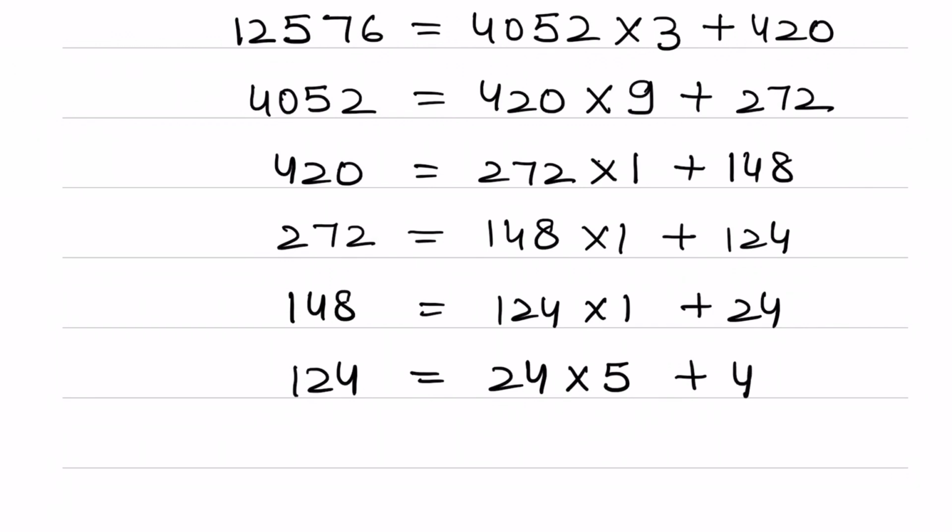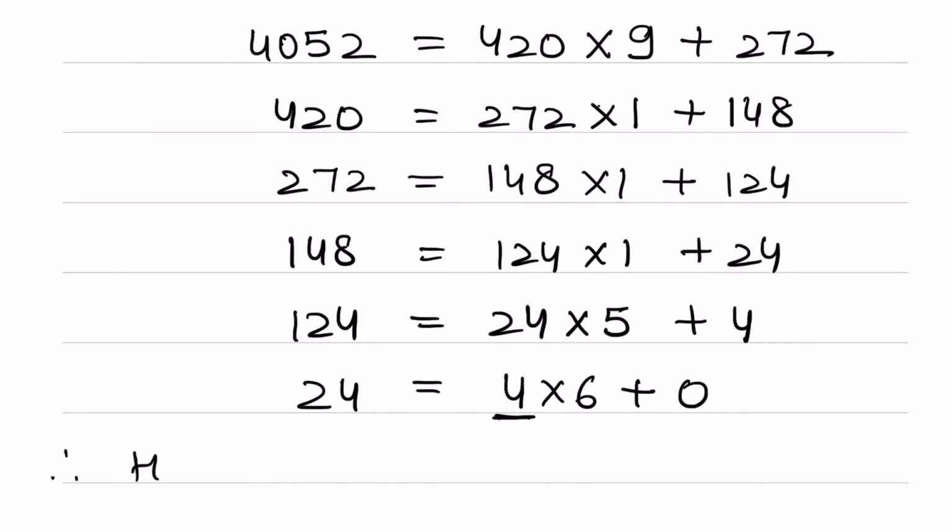Still we can continue applying the division lemma. Now 24 becomes the dividend, which is equal to 4 times 6, and we get the remainder 0. So now we cannot move further. So the last divisor is the HCF, 4.